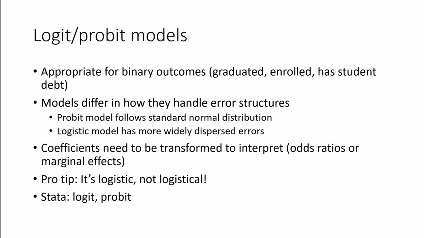If you have binary outcomes, such as a student graduating, a student enrolling, a student having some amount of debt, yes or no, then you can look at either a logit or a probit model. So logit is short for logistic regression. It is not logistical regression, it is logistic regression. I know I see a lot of papers and dissertations where they say logistical. That's not the name.